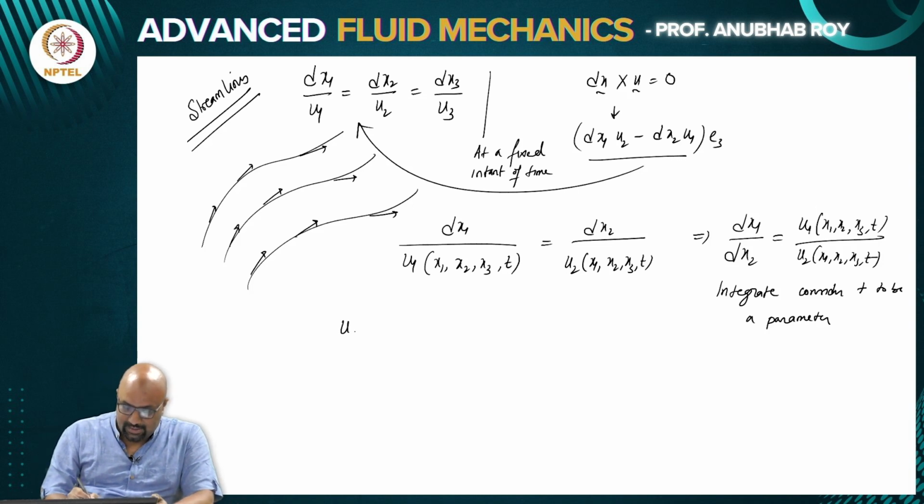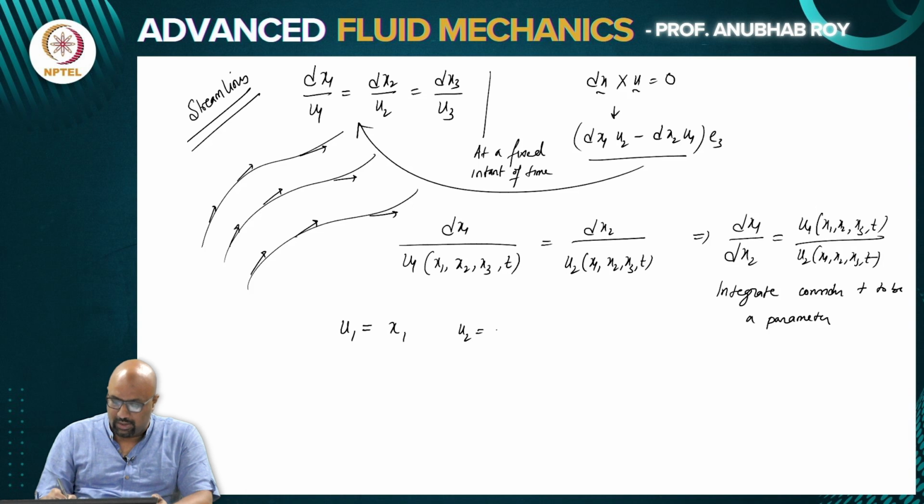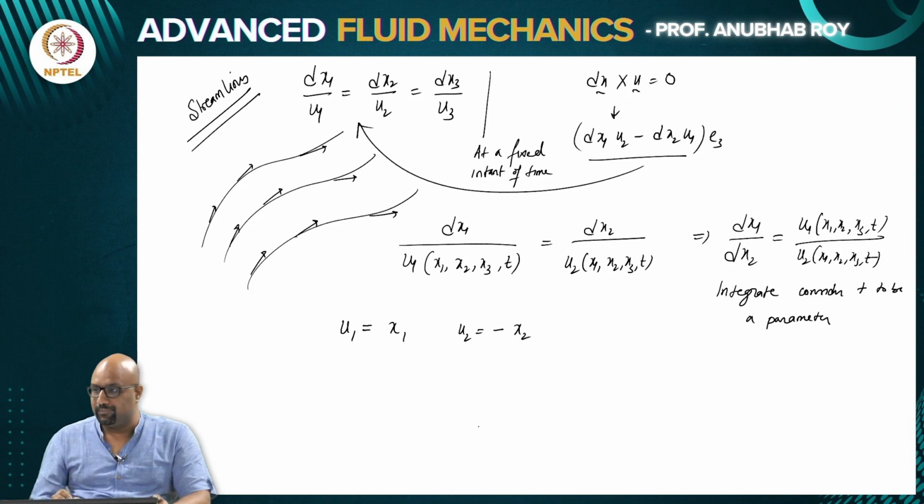So let's take a velocity field where u1 is x1 and u2 is minus x2. Very simple two-dimensional velocity field. So x1, x2, x3 are the three Cartesian coordinates, u1, u2, u3 are the three corresponding Cartesian components of velocity. So you have a two-dimensional velocity field here.